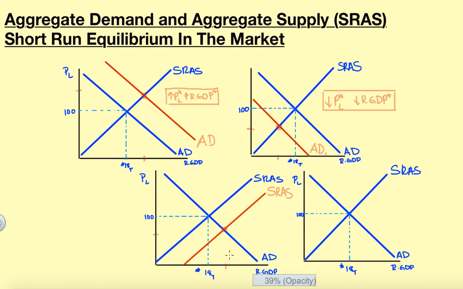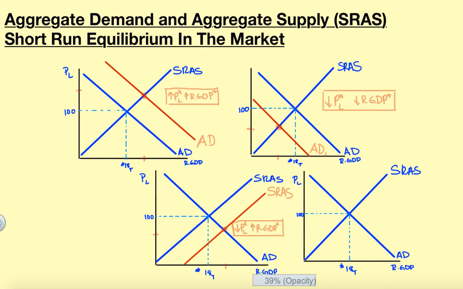Price goes down and quantity of real GDP has moved up. So there's a reduction in the price level, and at the same time there is an increase in real GDP. Okay, and this market is also still in equilibrium. So we will put our square around that for our solution, saying that the price level has gone down and real GDP has gone up.